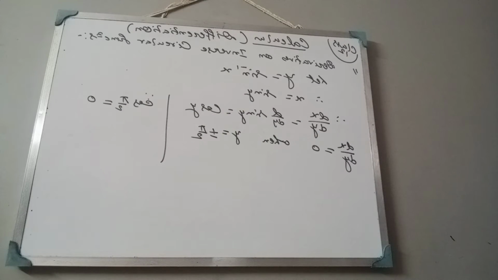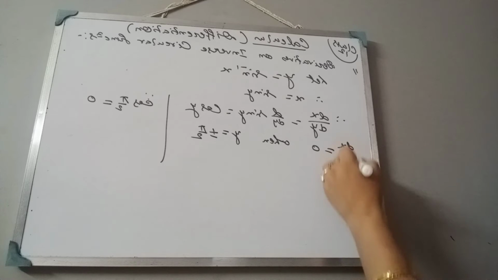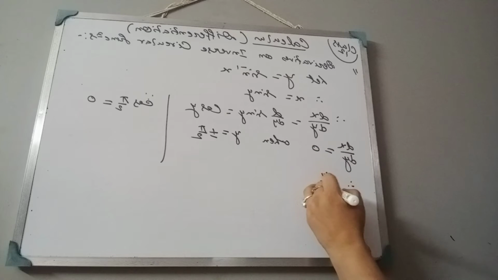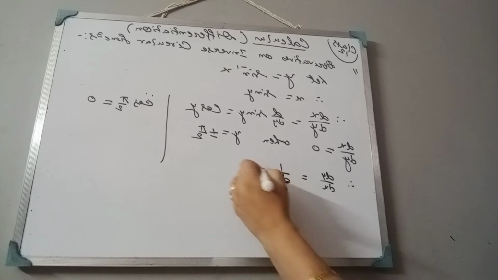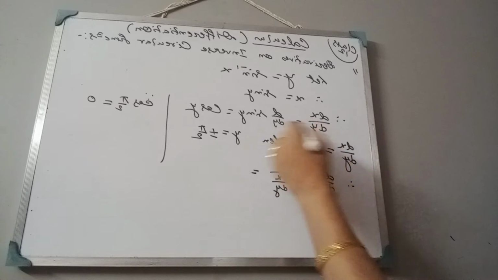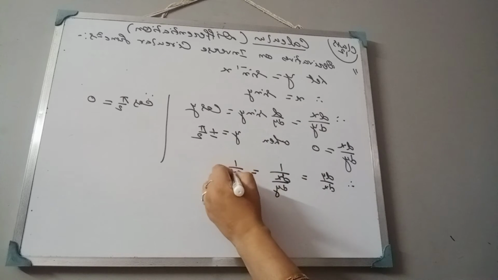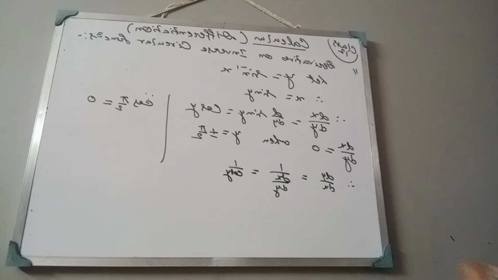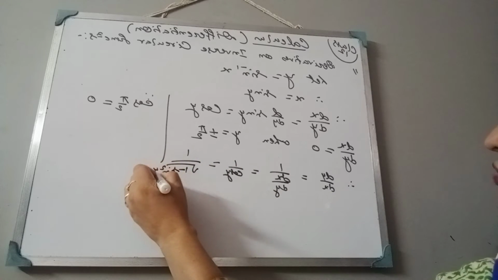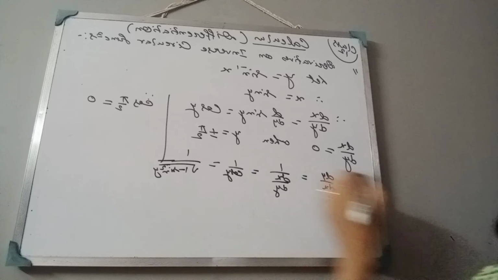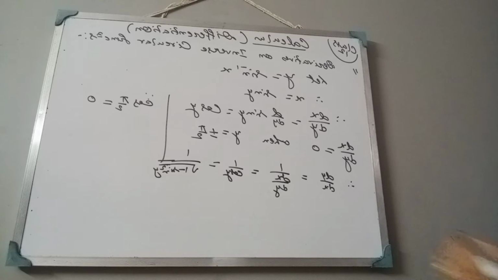Therefore, dy/dx equals what? dx/dy is not 0, therefore dy/dx is equal to 1 by dx/dy, which equals cos y. So it is 1 by cos y. Cos y we know is square root of 1 minus sine square y.